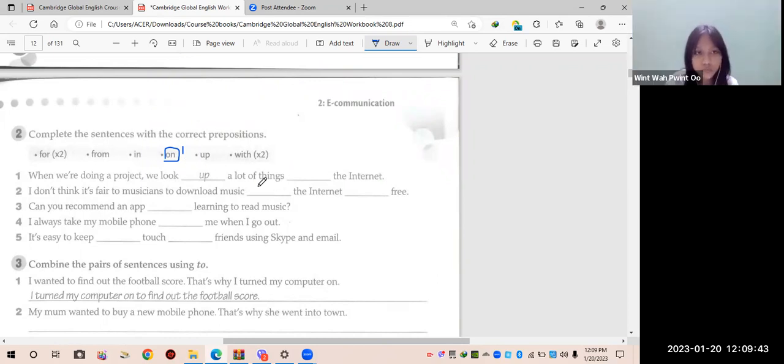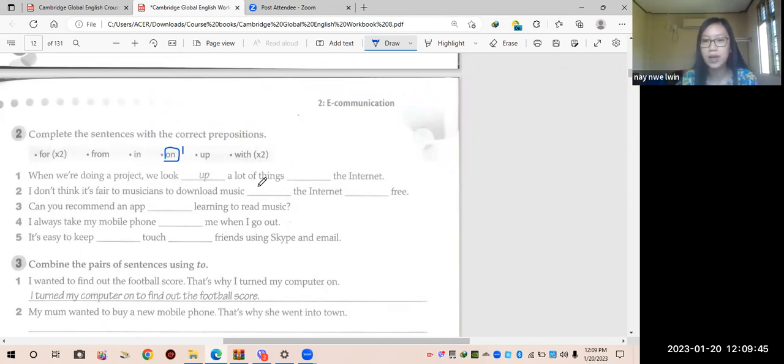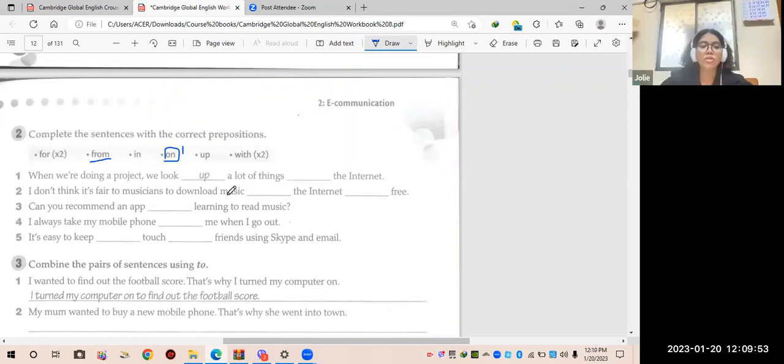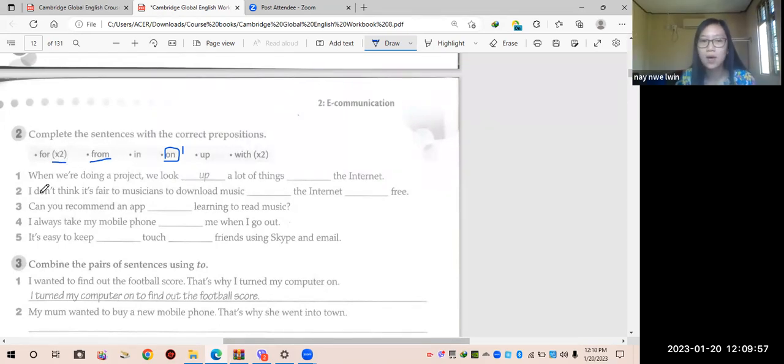We just downloaded that from the internet, right? So yes, from is more appropriate for number 2. How about the second one of number 2? For free, yeah. So we'll use for once, okay? So I don't think it's fair to musicians to download music from the internet for free. So that will be the answer for number 2, right?